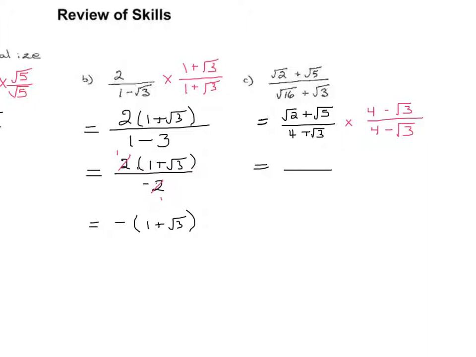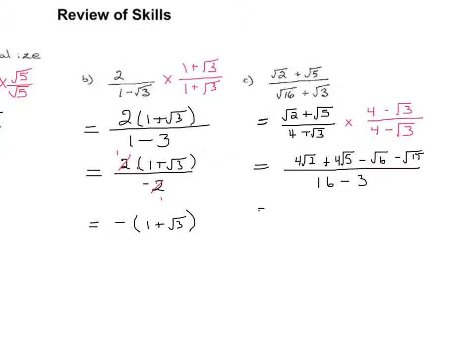And in the denominator, of course, 4 squared giving us 16 minus root 3 squared, which is just 3. Remember, it's root 3 squared. Up top, we can multiply this out, trying to hopefully maybe cancel out some of our radicals. We would have 4 root 2 plus 4 root 5 minus root 6 minus root 15.